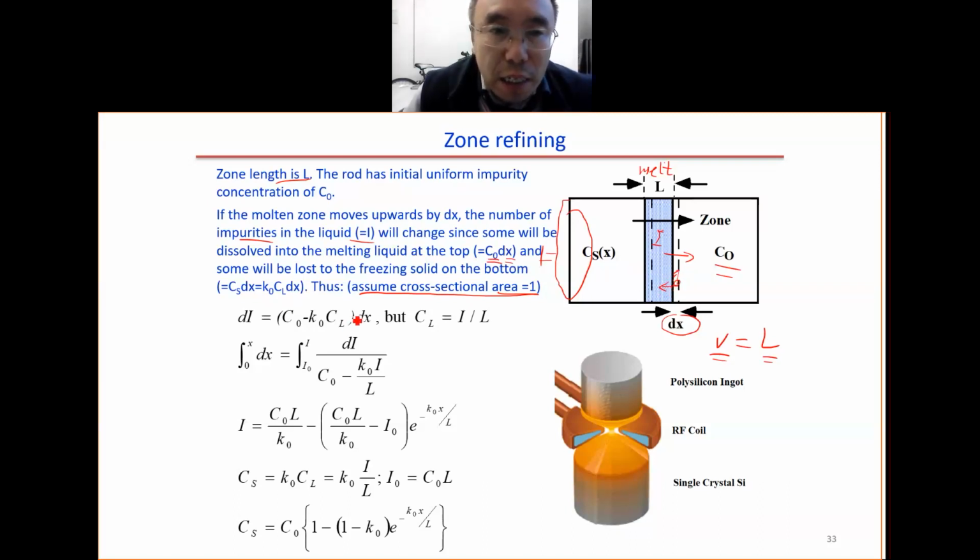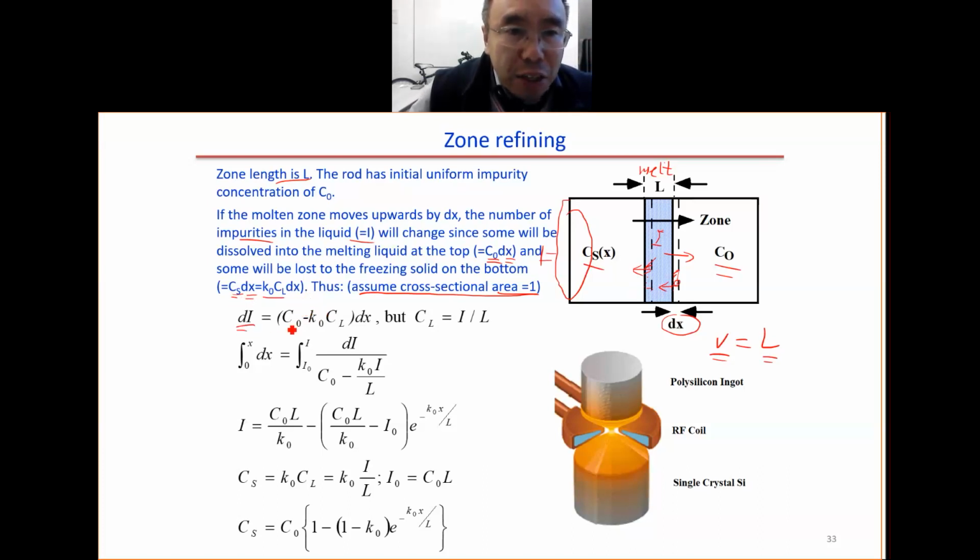This is how much gets in. And some part of the dopant from the liquid will get into the solid. This is the loss of the dopant from the liquid to the solid, given by Cs dx, where Cs equals K0 Cl.